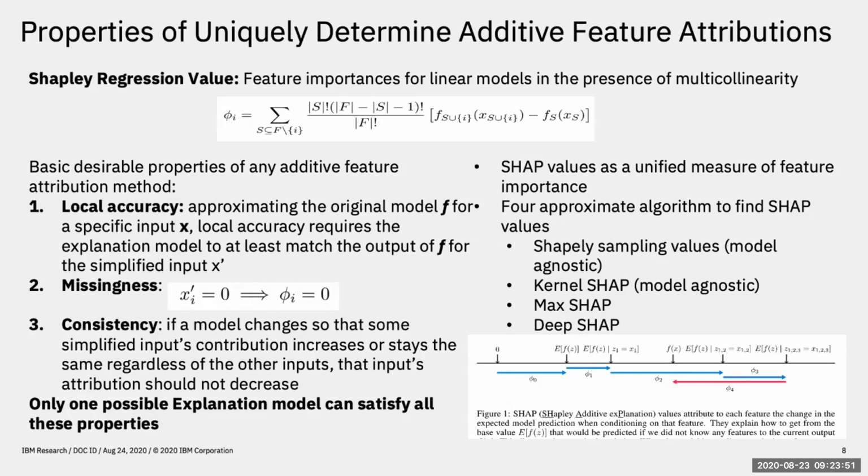Here the x-axis is trying to represent the phi I values based on how much the predictive performance increases when you include that particular feature successively into the model framework.